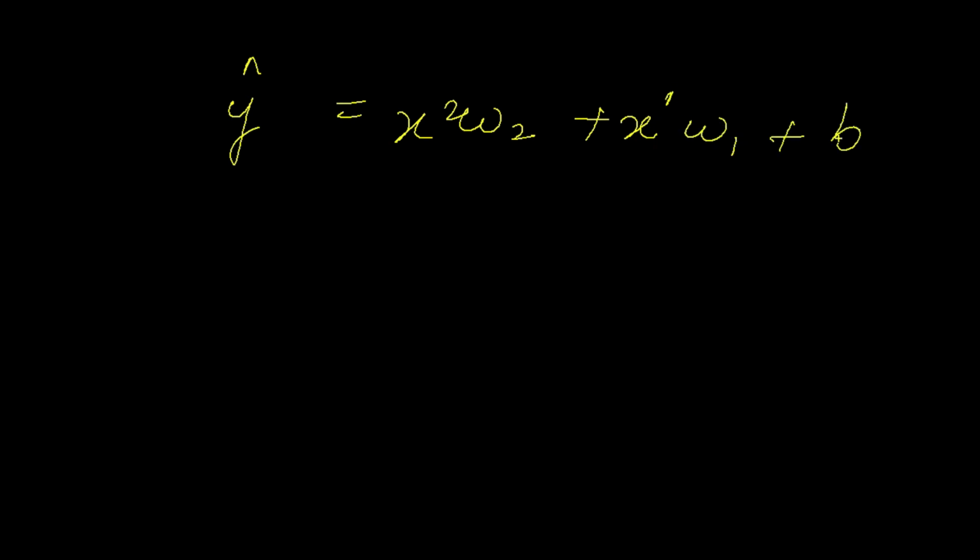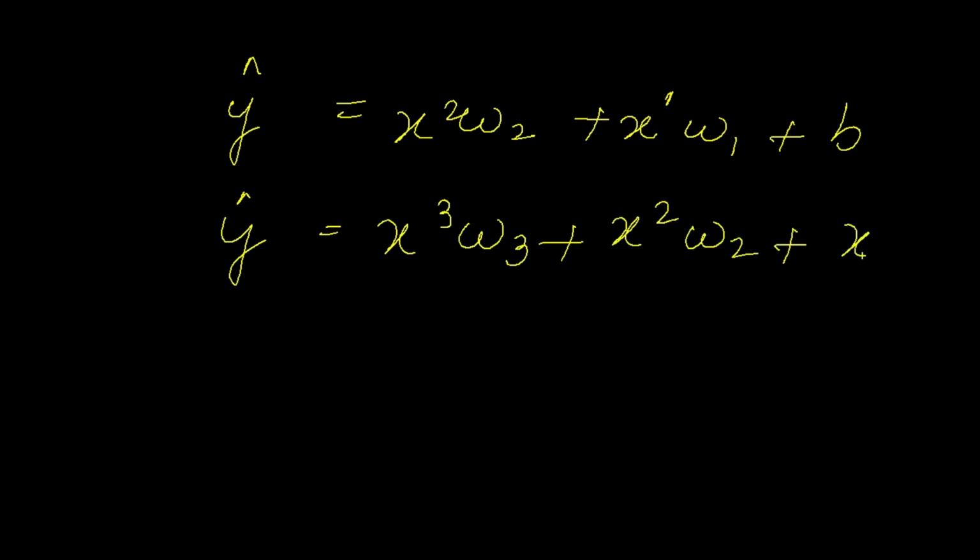For polynomial regression, we can have y hat equals x squared w2 plus x1 w1 plus b, or we can also have y hat equals x cubed w3 plus x squared w2 plus x1 w1 plus b.